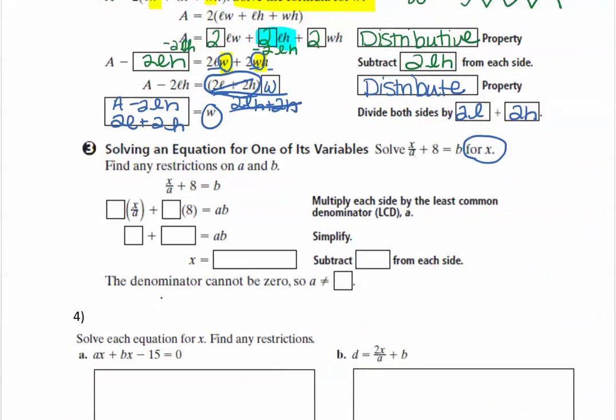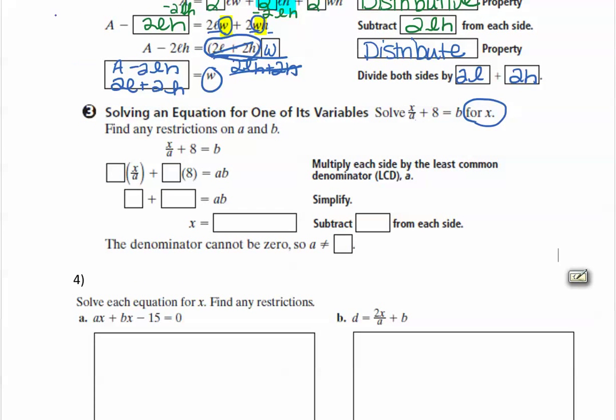That works really well in this one. Here's x. What's happening to it? Well, first, it's being divided by a. That's what's happening first to it. Second, we're adding 8.